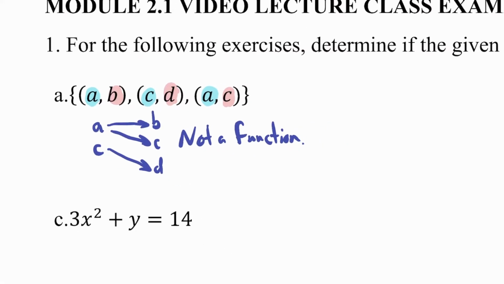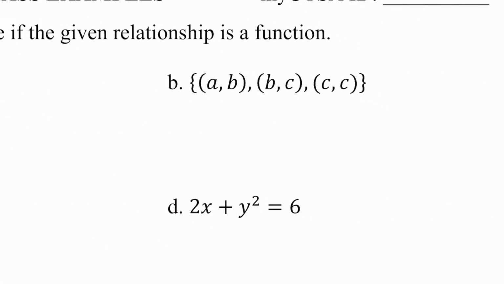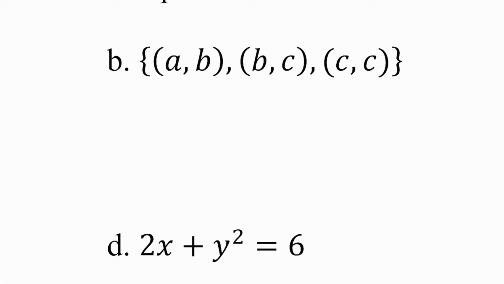Anyway, let's go to part B. Now, I don't have to draw out the arrows like I did before. All I have to do is say, well, does each input only correspond to one output? So A only appears once as an input, B only appears once as an input, and C only appears once as an input. So none of the inputs have two outputs. You might notice that C appears twice as an output. That's actually okay.